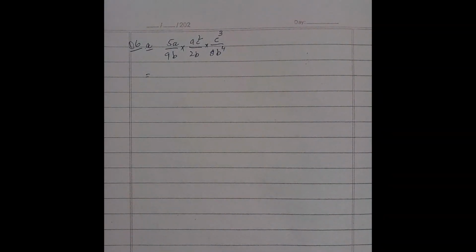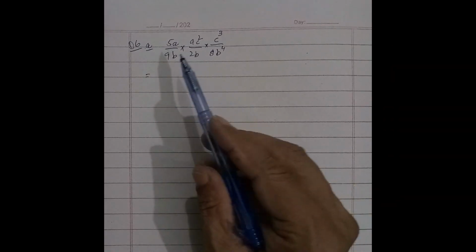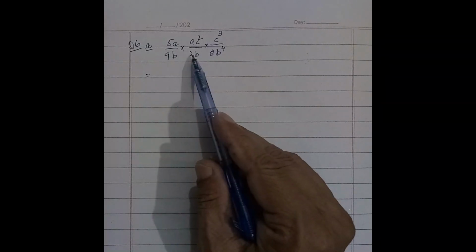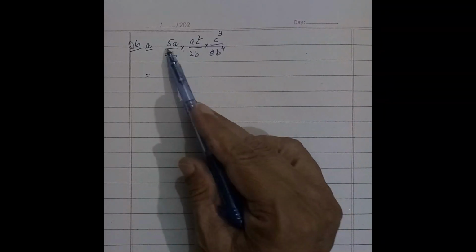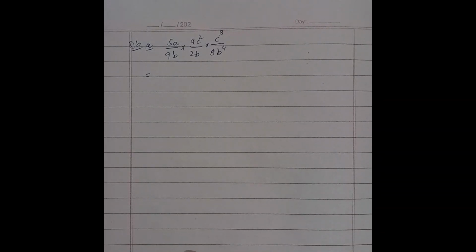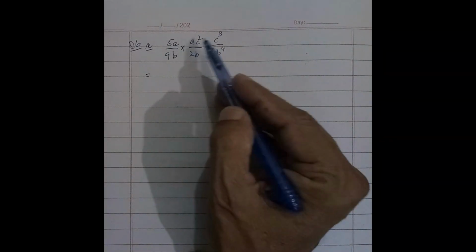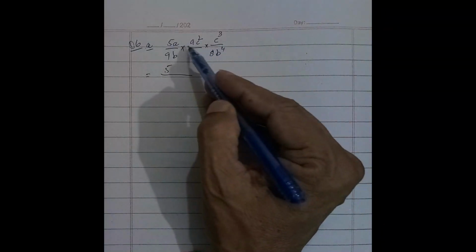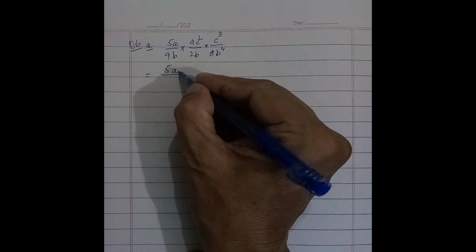So first we simplify the digits, in which in the numerator only 5 and in the denominator 9, 2 and 8. These numerators and denominators don't cancel each other. So we multiply numerator with the numerators and denominator with the denominators. 5 multiplied by 1 multiplied by 1, the answer is 5. A, no other a, it is a only.